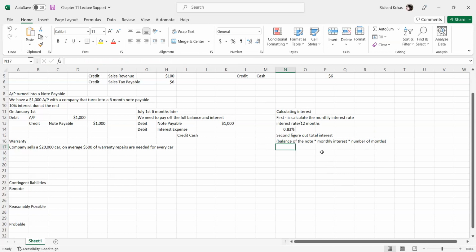So that's the formula to calculate the interest expense. So let's look at it. Equals the balance of the note, $1,000, times the monthly rate, which we just calculated up here, times how many months this note lasted: 6. So $50 is our interest.